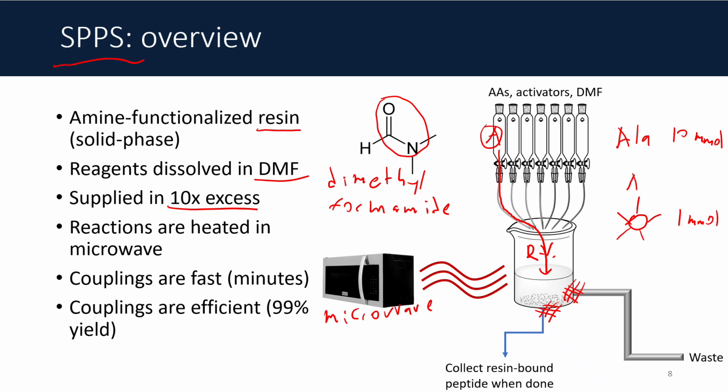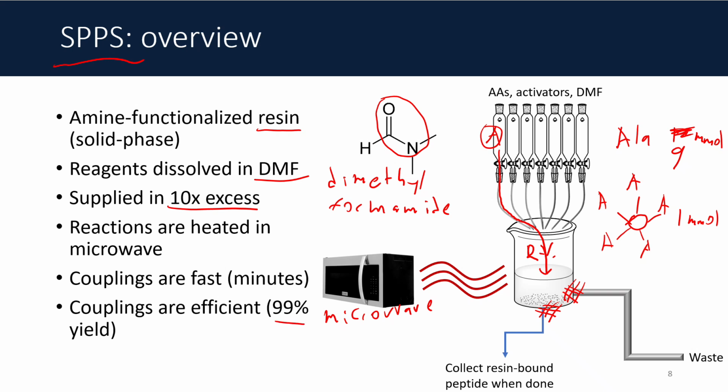And when the reaction is done, we will have 1 millimole of alanine attached to the resin, and there's going to be about 9 millimoles of alanine left over that have not reacted. Well, that seems like a waste, right? Not really. I mean, yeah, it is wasteful, but alanine is cheap, and by having that substrate in tenfold excess, we are going to drive this coupling reaction to completion really quickly and really efficiently.